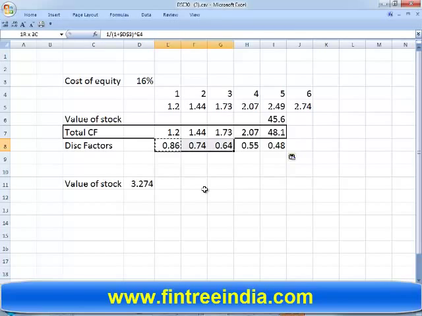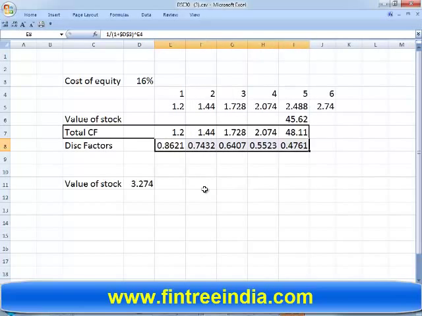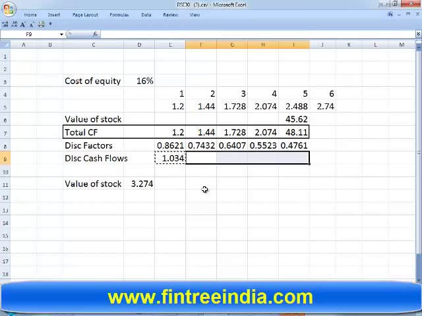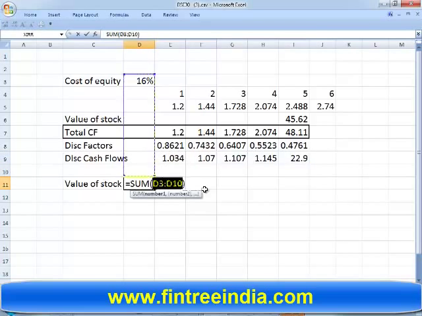So if you want up to 4 decimals, these are your discount factors. Then discounted cash flows is equal to this number into this number. And then the value of the stock is here, 27.26. Let's try to do it together on your calculator. Let's see if it works.